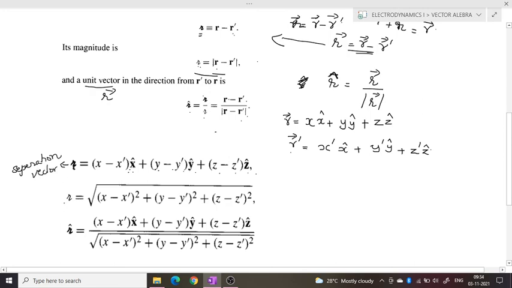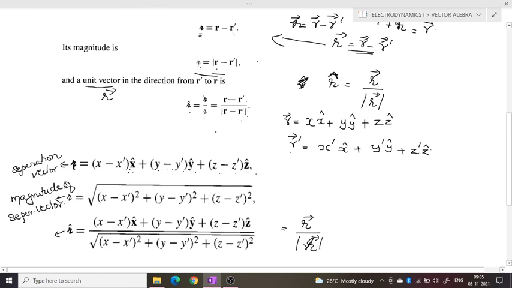And what is its magnitude? It is the square root of the sum of the squares of the components: x minus x dash whole square plus y minus y dash whole square plus z minus z dash whole square. This is the magnitude of the separation vector. Now what is the direction? The direction of this vector is the unit vector along r, which is the vector divided by its magnitude.